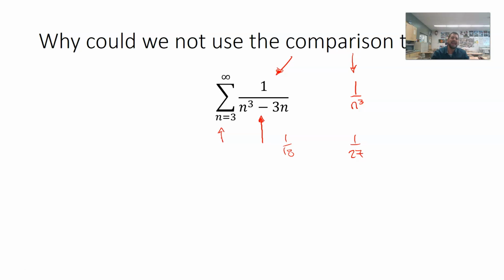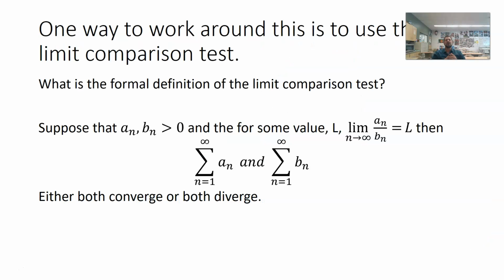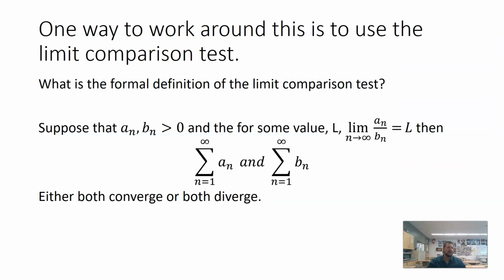But what we can do instead is use a slightly different test. It seems similar at first. We use what is called the limit comparison test. Now, the limit comparison test is an awful lot like the direct comparison test, but we have to take it a step further.